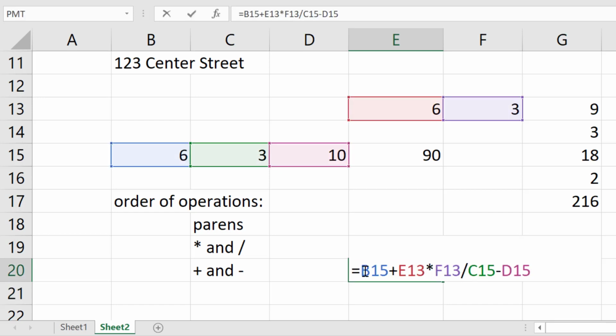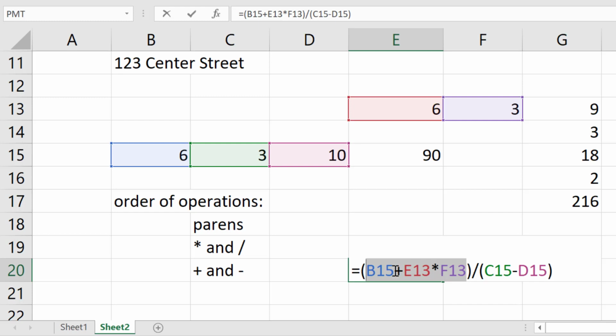If I wanted some of these things to happen sooner, then now I have to use my parentheses. So if I wanted all of that to be divided by all of that, that would completely change how it processes my formula. Now it has to do what's in the parentheses first. It'll multiply E13 times F13, so that would be 6 times 3.